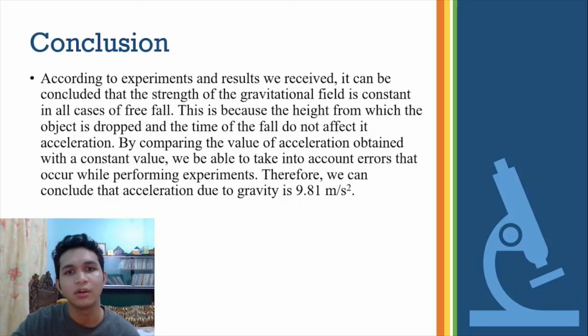By comparing the value of acceleration obtained with a constant value, we'll be able to take into account errors that occur while performing experiments. Therefore, we can conclude that acceleration due to gravity is 9.81 meters per second squared.